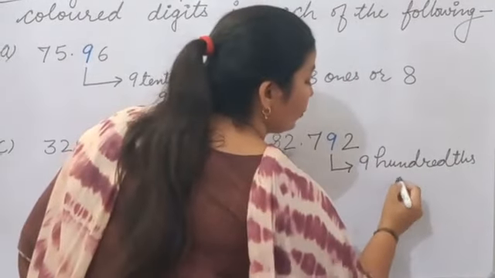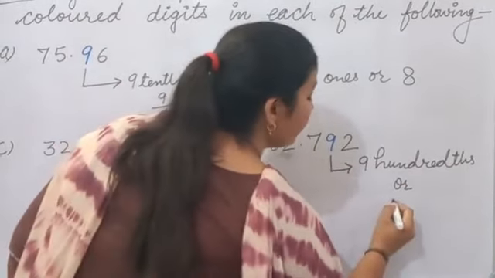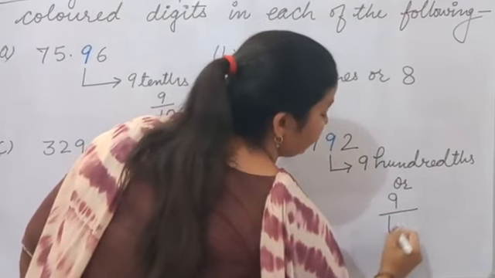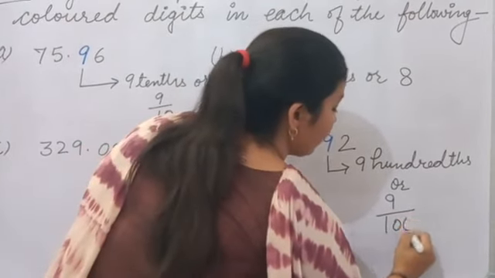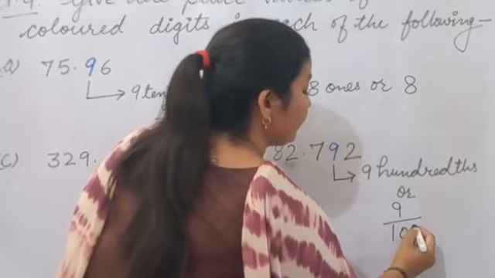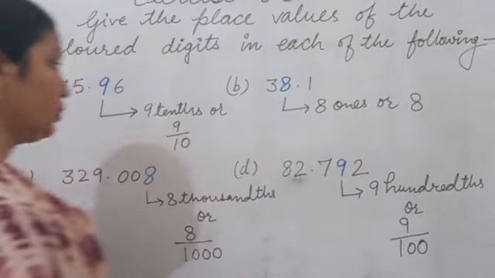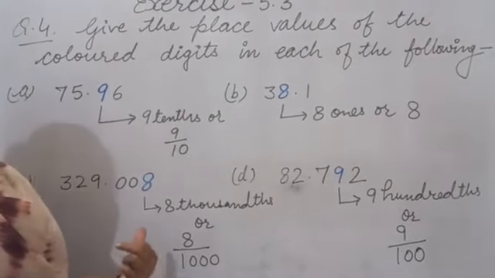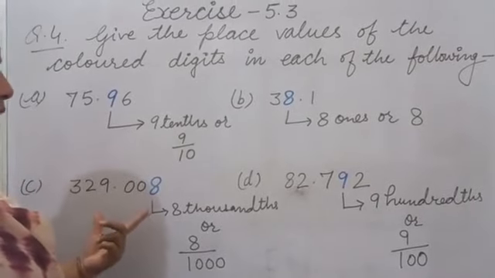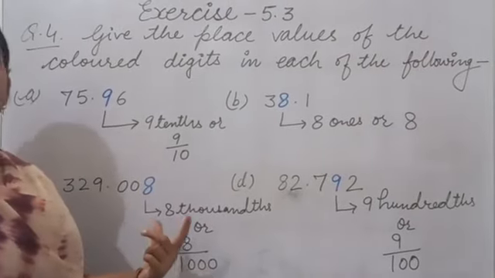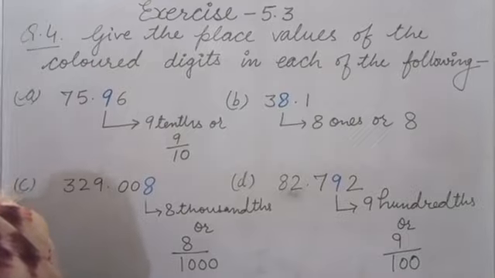And second way is 9 upon 100. This is your answer. So like this you can find the place values. So rest part you will do yourself. A, B, C, D I have done here, and E, F you will do yourself. Okay. Thank you.